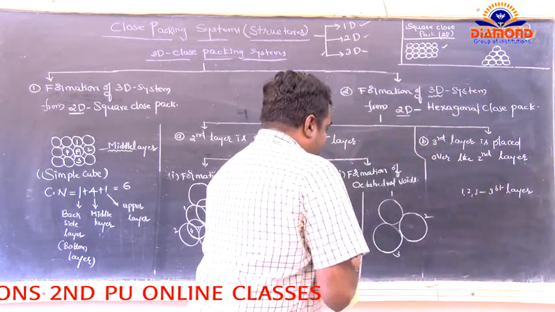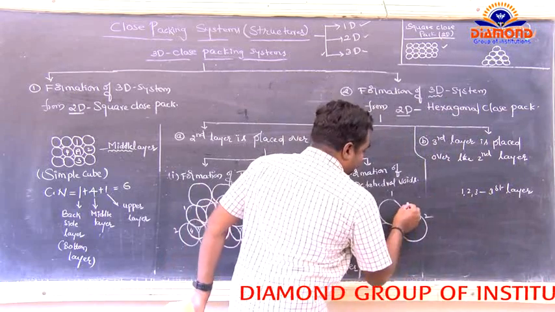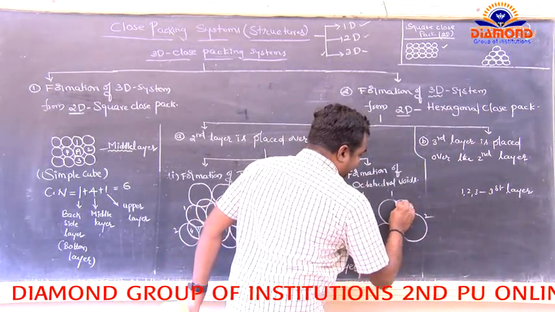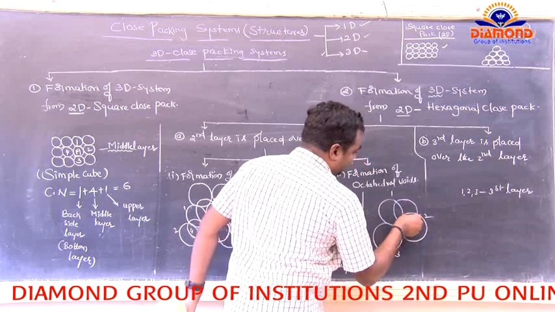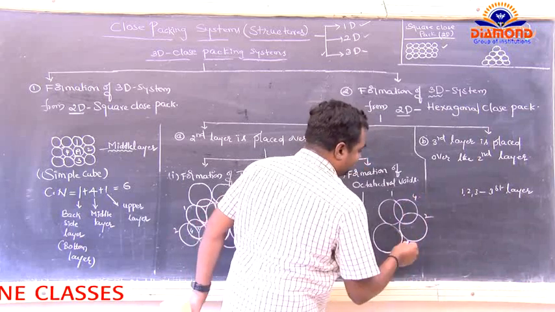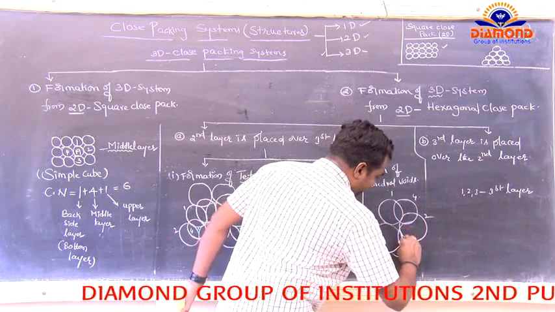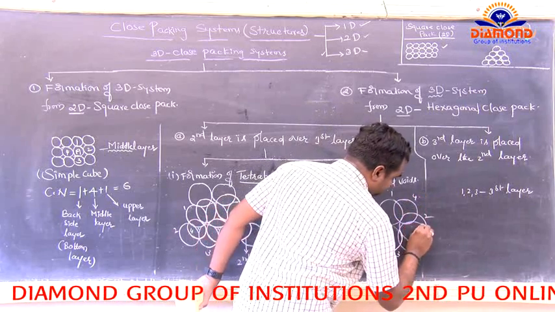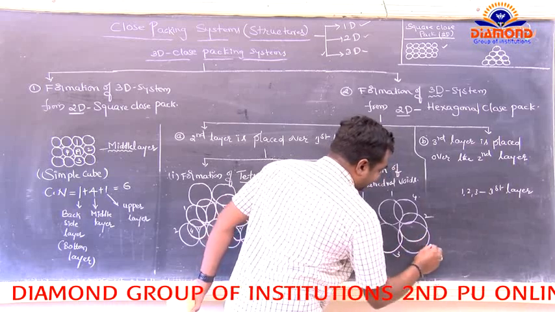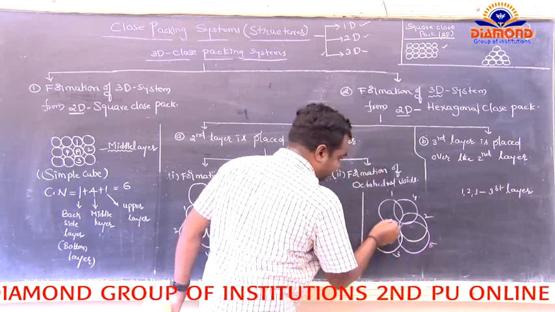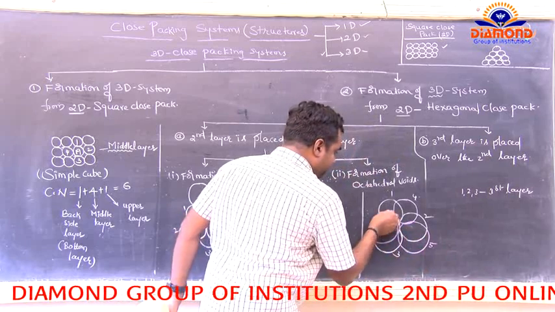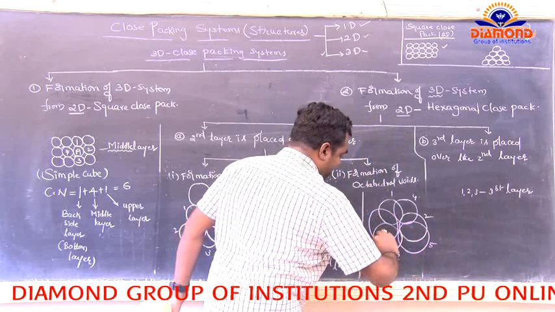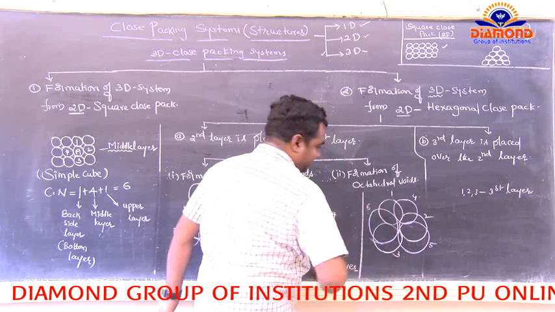Next, we have to take the second layer atoms like this. Here is the fourth sphere, here is the fifth sphere, nothing but an atom, and here is the sixth sphere.